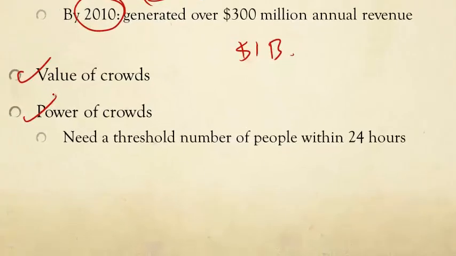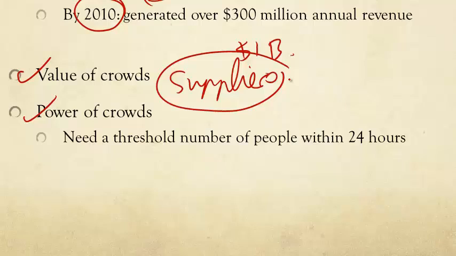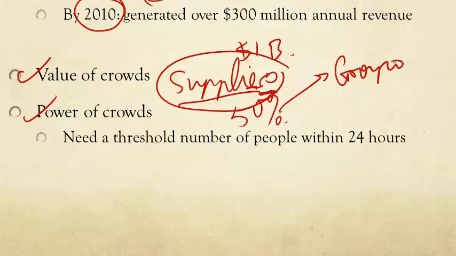The reason these daily deal sites can grab suppliers of food, of services, of products, is that these suppliers know that A, this is a good advertisement, B, people may come back later to buy the product for full price once they like it, and C, even though they're offering a steep discount, for example 50% off, part of that goes to Groupon and part goes to the final consumer. They know that there will be a large enough crowd even for this round. Otherwise, the deal is not tipped and the deal is off the table. So if the deal is on, then they know there's a substantial enough amount of sales. That's the value of crowds.